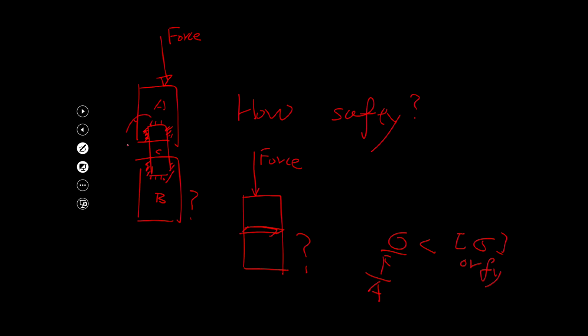Now we zoom in on this part. This structure first loses its strength, first becomes failure. That means that connection will lose the strength, right? So we should calculate this one.